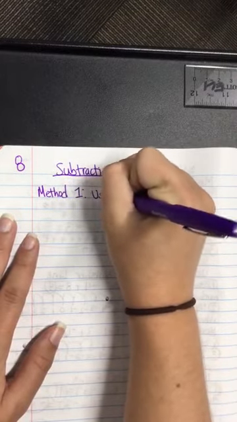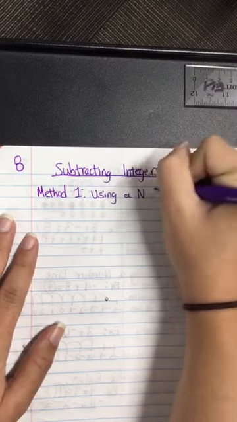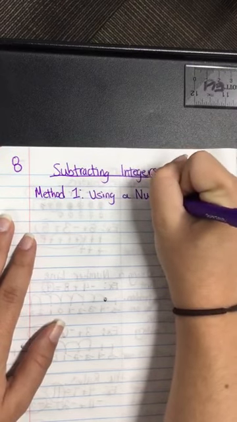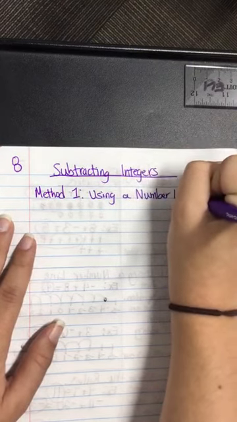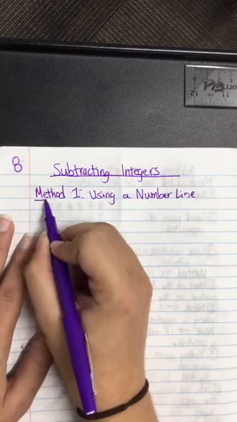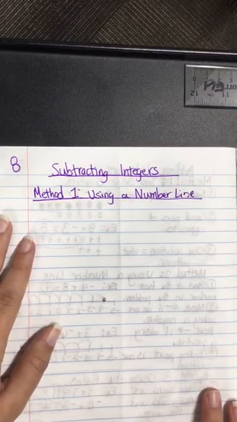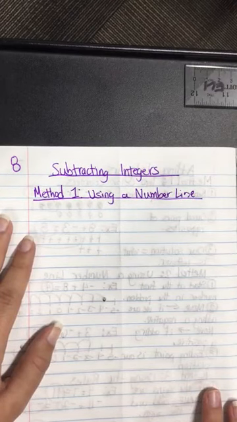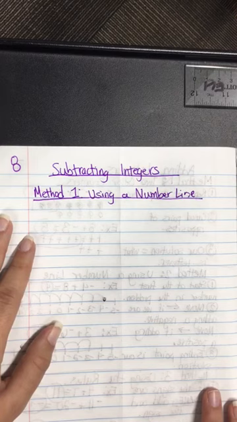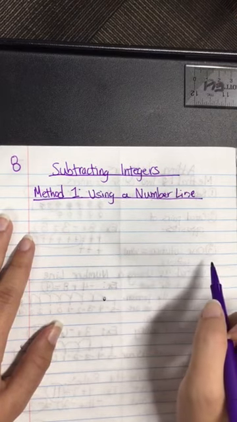Number lines are super helpful in lots of types of problems, especially when we're first learning, because they help us connect it to something that we can see.